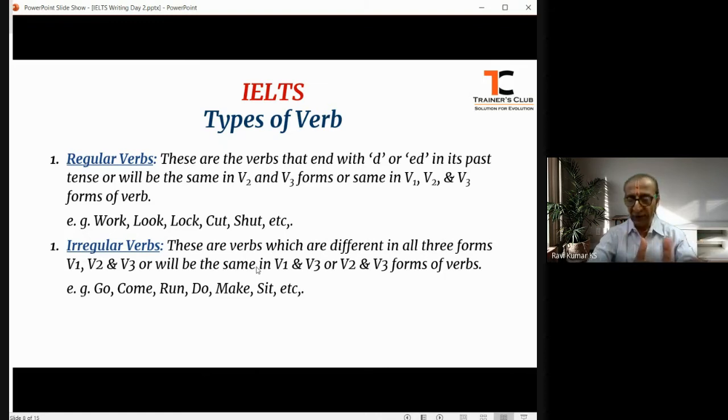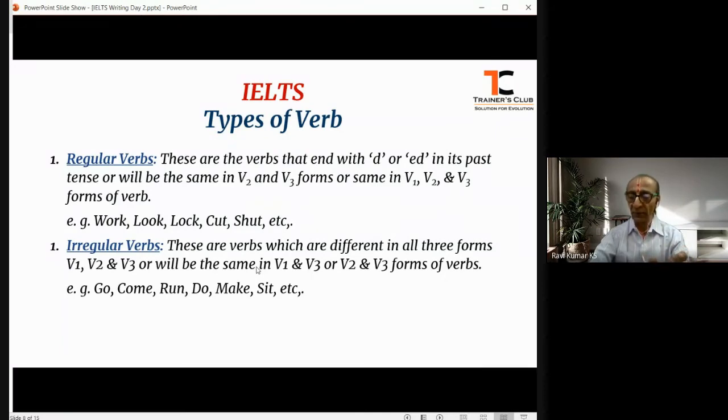That is one set of understanding. The second set of understanding is that in the irregular verbs, either V2 and V3 can be the same, or in certain cases, V1 and V3 can be the same.